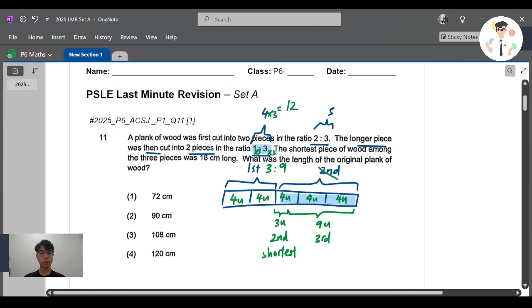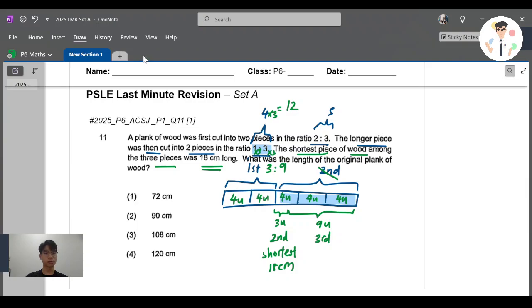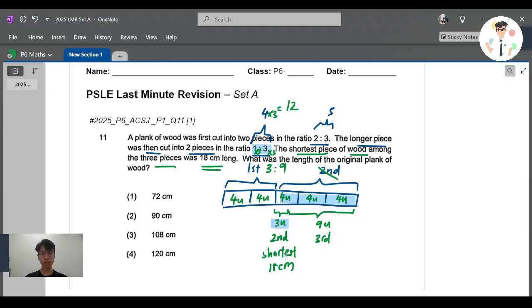And the question here says what? The shorter piece among the 3 pieces was 18 cm. That means this is 18 cm, and I know that these 3 units are actually 18 cm. So what I can do now is, if 3 units is equal to 18 cm, find out the original length: 1, 2, 3, 4, 5, which is 20 units.